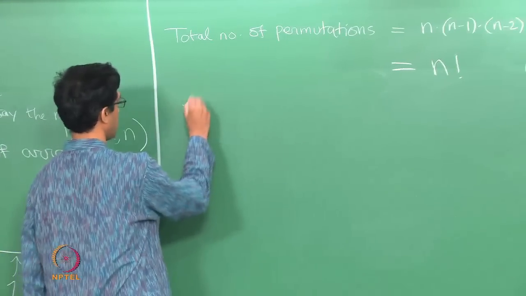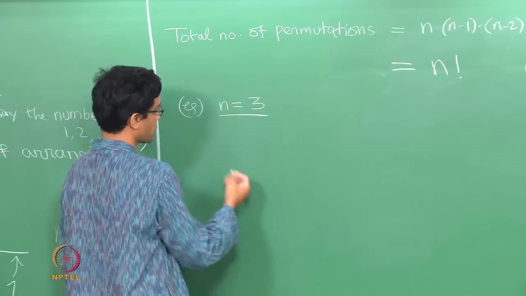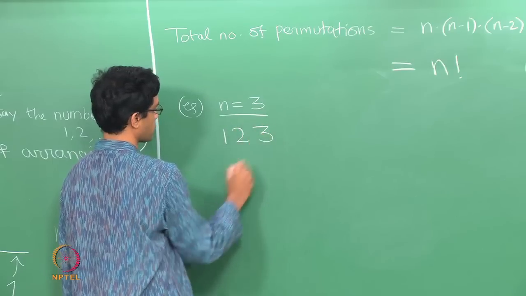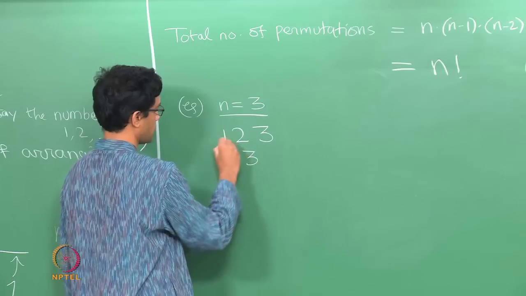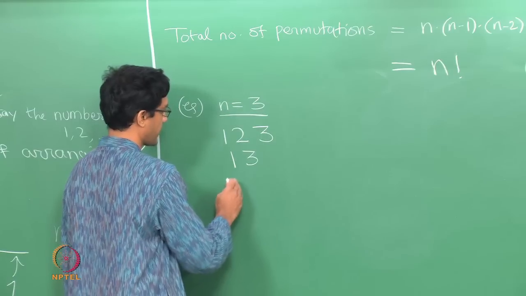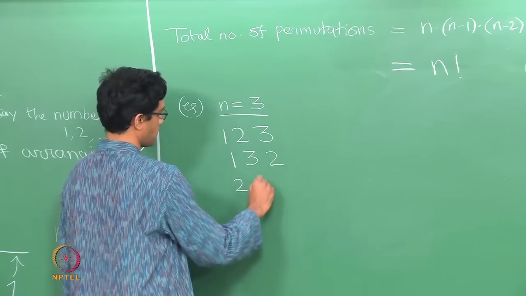So for example, if you take n to be 3, so you look at the three numbers 1, 2 and 3, the number of ways of arranging them in a line is 6. So these are the three positions. I put 1 in the first place, 2 in the second place, 3 in the third place, or 1 in the first place, 3 in the second place, 2 in the third place, and so on.